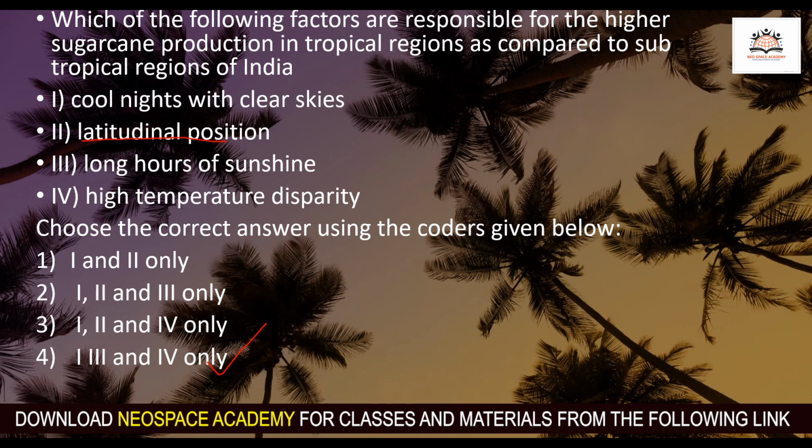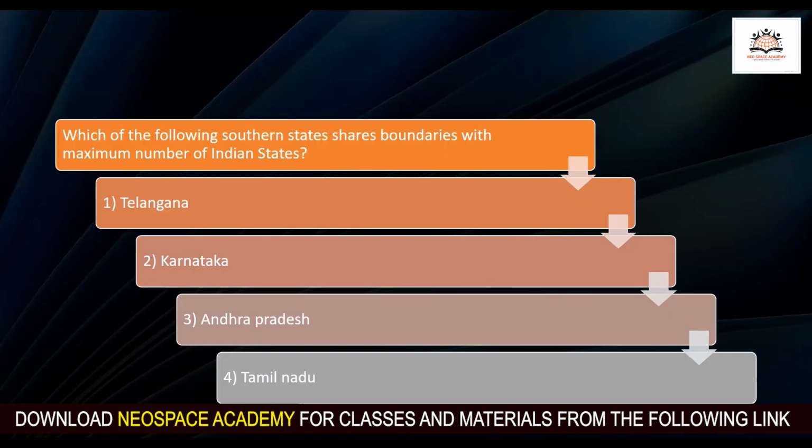You understand? Now the next question is, which of the following southern states share boundaries with the maximum number of Indian states? If you just try to redraw the map or recollect the map, then you will understand it.